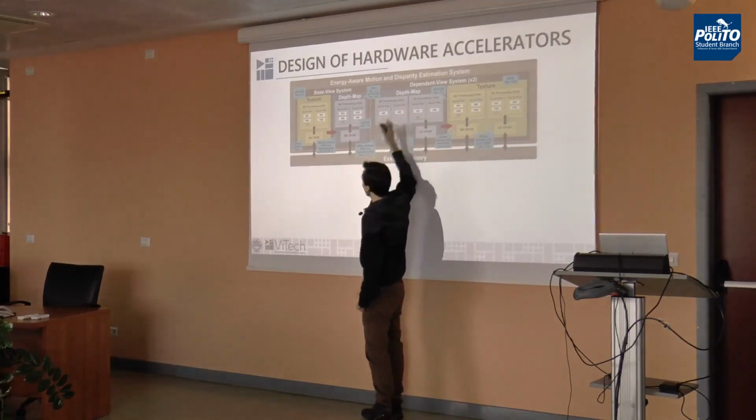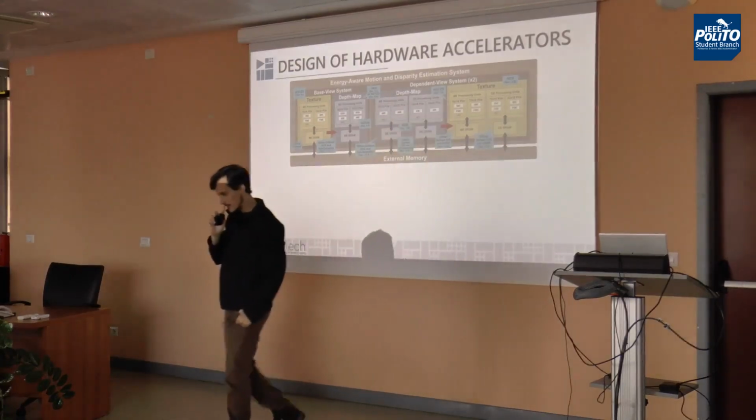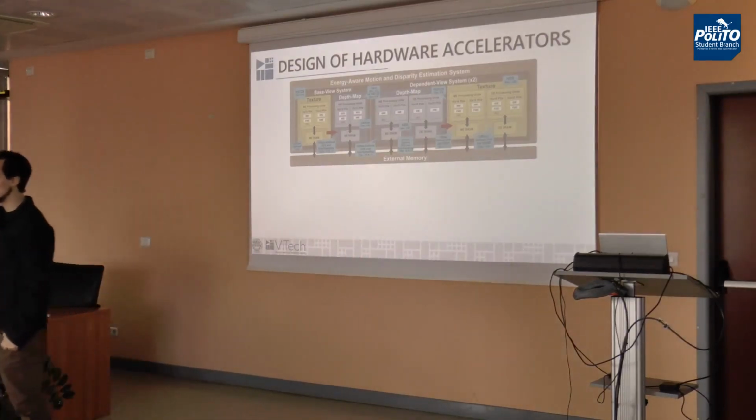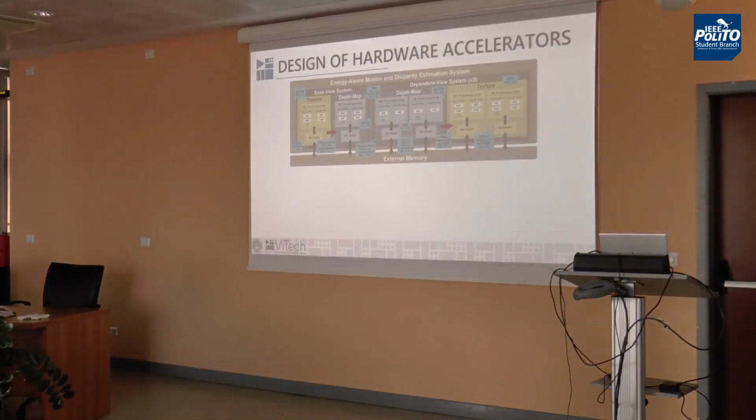Same here, motion estimation, disparity estimation. So we are doing motion and disparity for all dependent views. And it means that we are processing a lot of data. And you see here, the orders are somehow changed. I tell you that this is going to be clear.